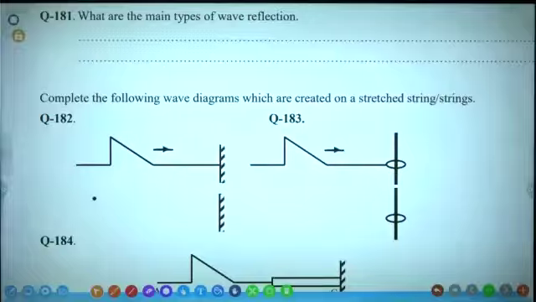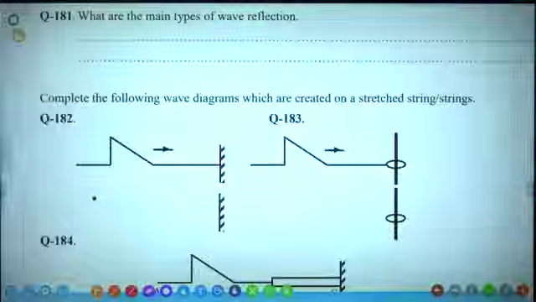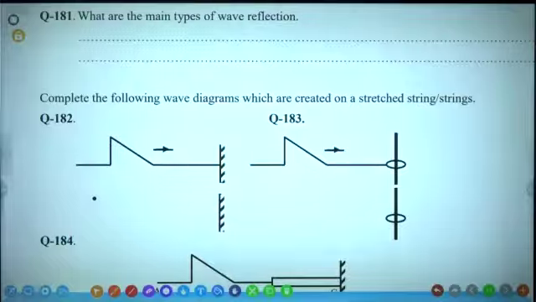Next one, complete the following wave diagrams which are created on a string or strings. Okay, first string, wave pulse is traveling towards the rigid obstruction. What will happen then when it is reflected? Can you copy quick as possible?